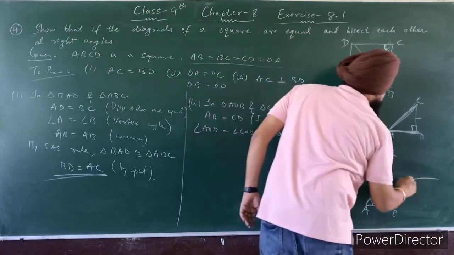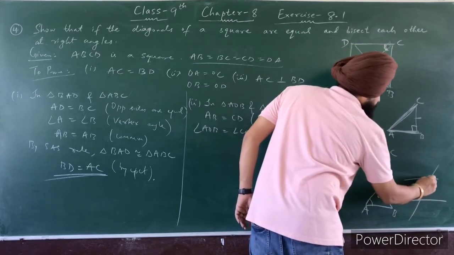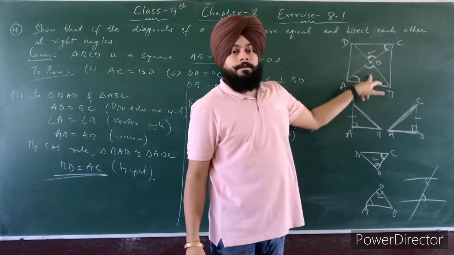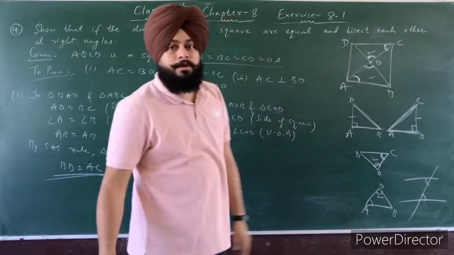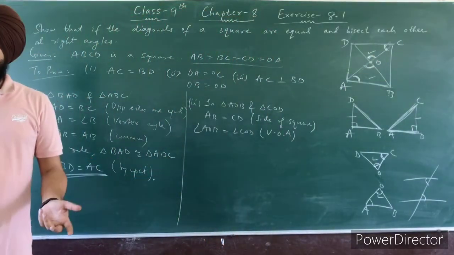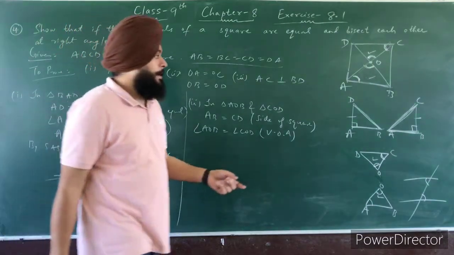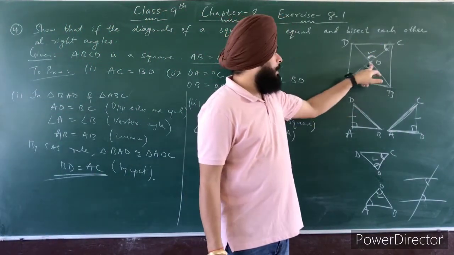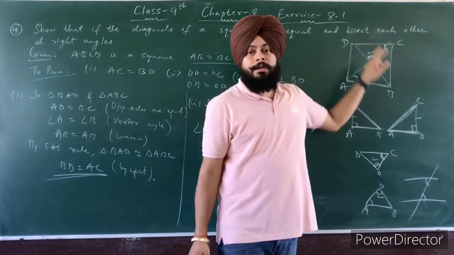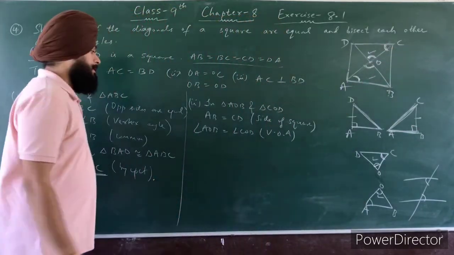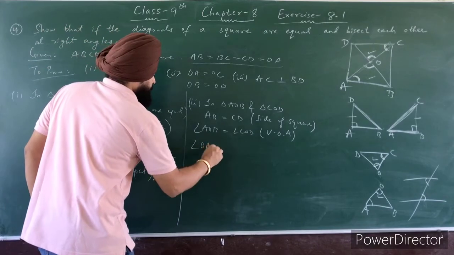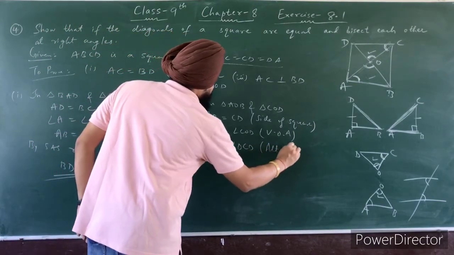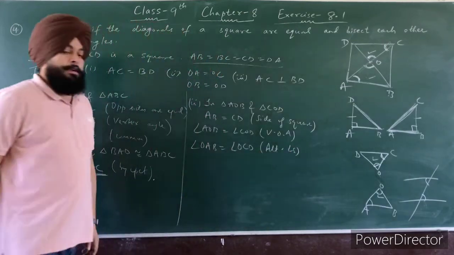And third one is this one. You can see here, this is parallel line, this is transversal. Then you can take these two angles. Which angles? Alternate angles, because in a square, opposite sides are parallel also. That's why for sides AB and CD, AC is a transversal. That's why angle OAB is equal to angle OCD, pair of alternate angles.